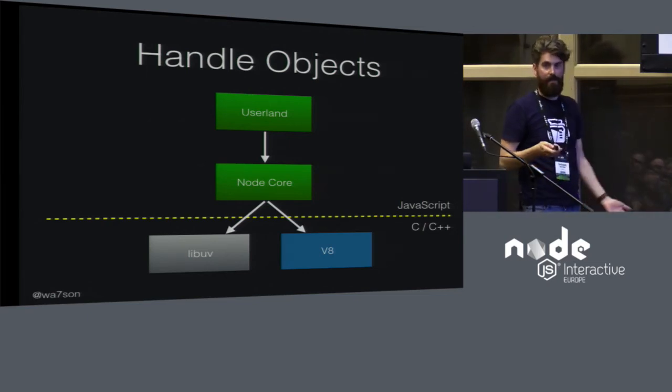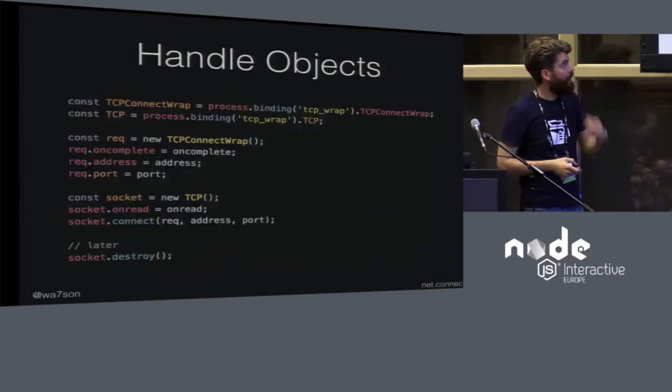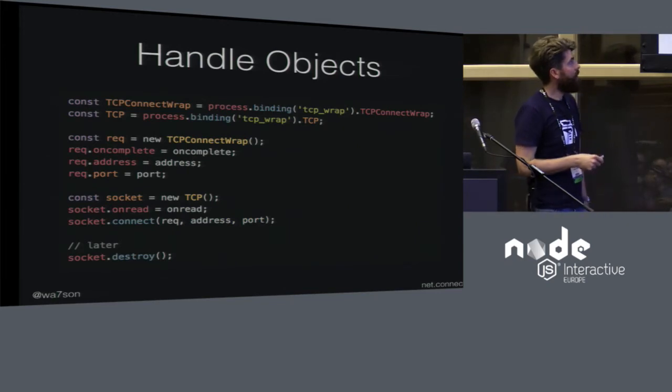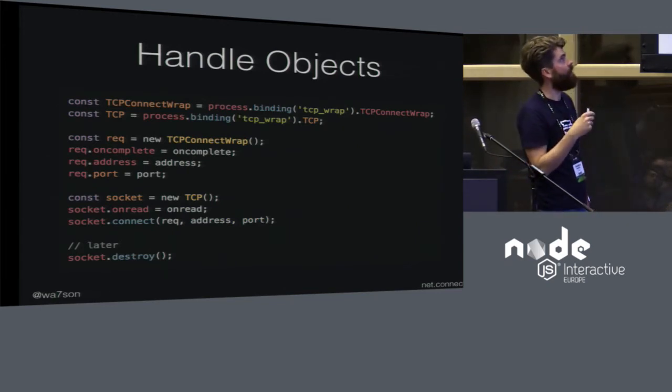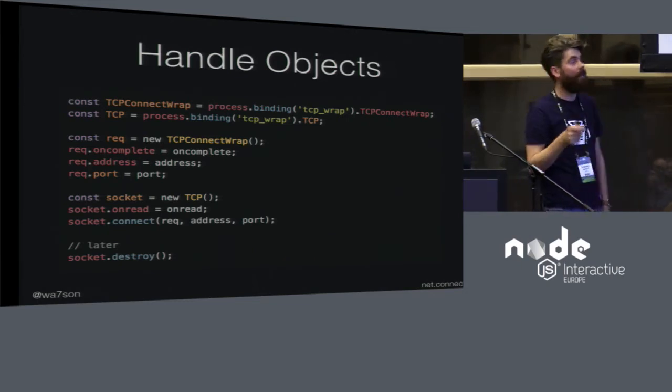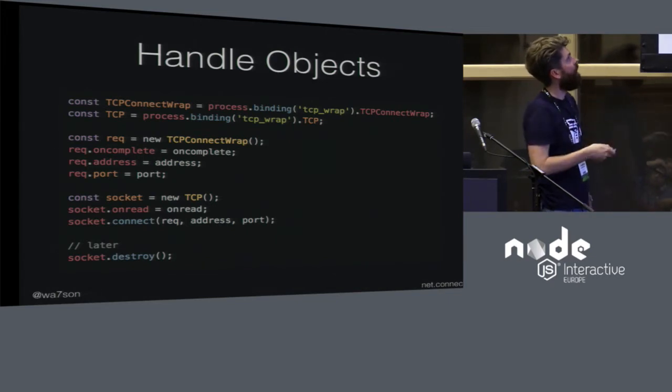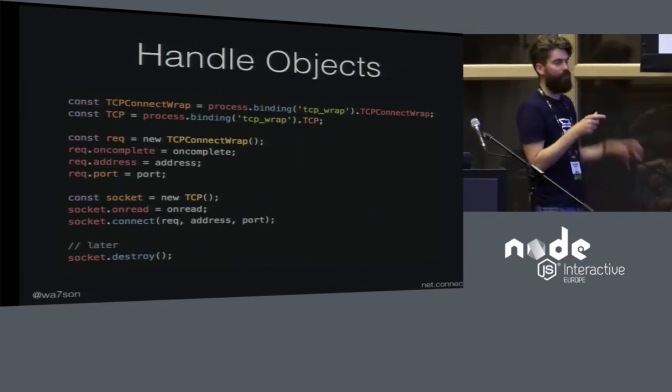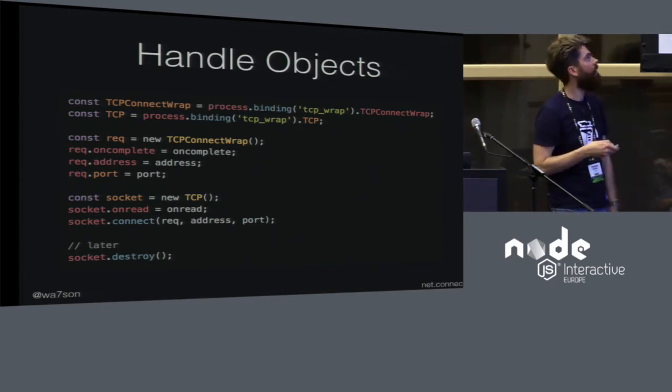So if you take, for example, a look at net.connect, you can see behind the scenes, when you do something with net.connect, it actually uses process.binding TCP wrap to get the TCP code from libuv. It then gets two handles, instantiates the handles, and puts properties on these handles.